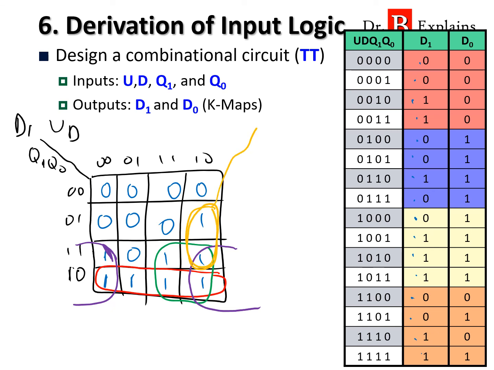So this case will be U D naught Q0. What else? If we do the green one, we're going to have this and this one, which is the U, and then this one and this one, which is the Q1.